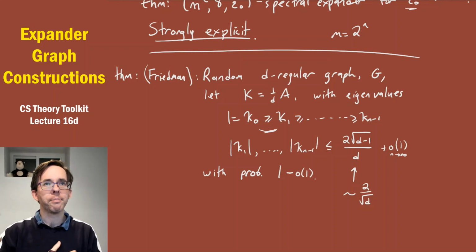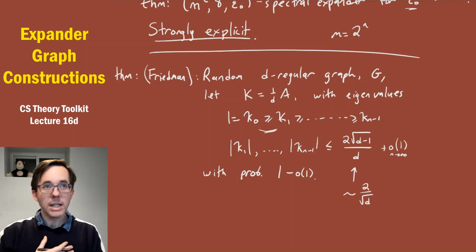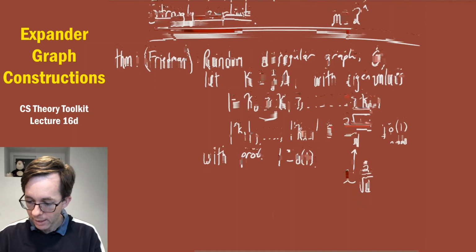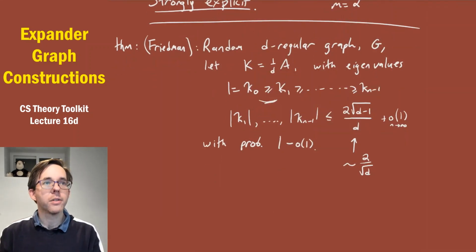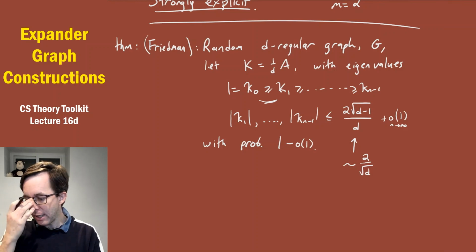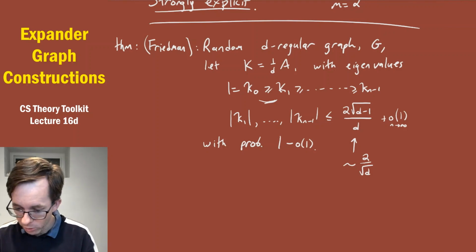And that's kind of awesome. What we'd like to do is get explicit graphs that are close to this. And in fact, for some values of d, you can get this bang on. And this is called Ramanujan graphs.